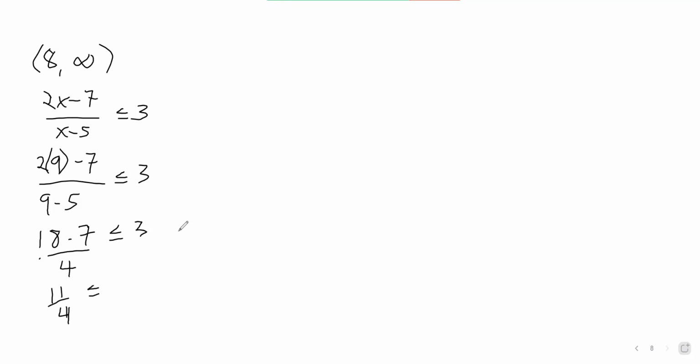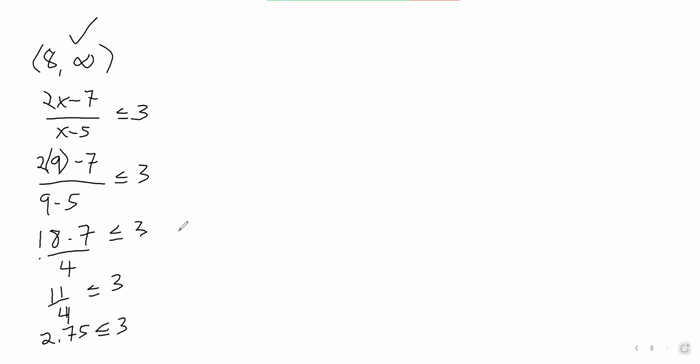Will it be less than or equal to 3? 4 goes into 11 two times, and the remainder gives 2.75. So at least it is less than 3.